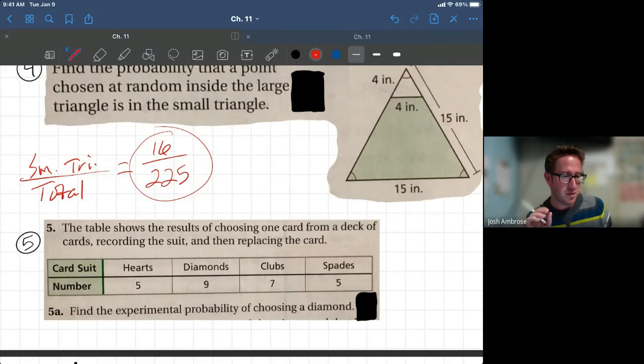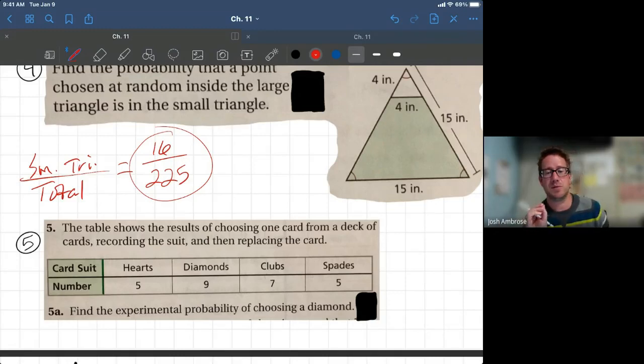All right, so find the experimental probability because they did this. Let's say someone actually did this. This was real. They had 52 cards. That's how many cards are in a deck of cards, 52. And the table shows the results of choosing one card from the deck. There were 5 hearts that they put out, then they picked 9 diamonds, and then 7 clubs and 5 spades.